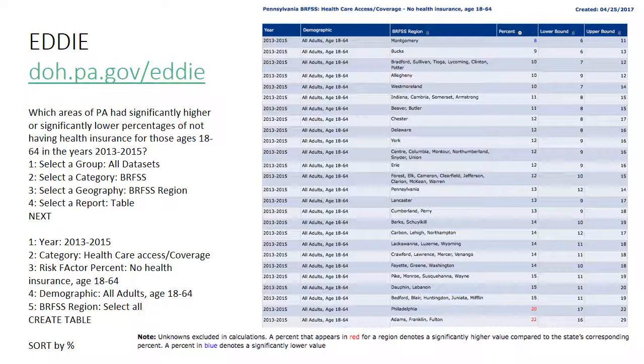If we look, we see that Philadelphia and the Adams, Franklin, Fulton County regions, those two groupings, both had significantly higher values compared to Pennsylvania's state average. Philadelphia had 20% that did not have health insurance, and Adams, Franklin, and Fulton County had 22% not having health insurance. So that's how we would answer this question.